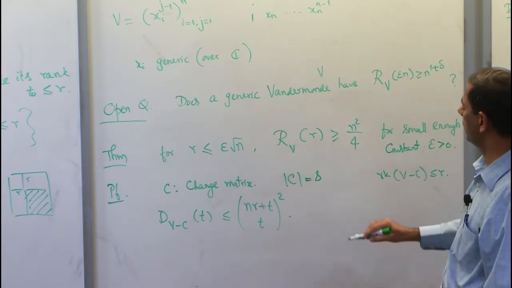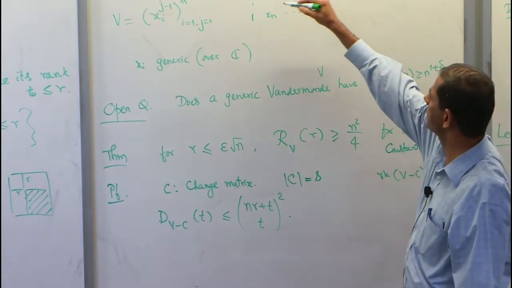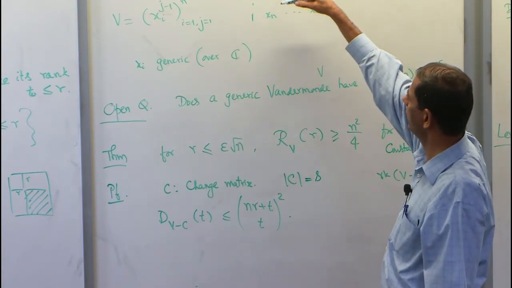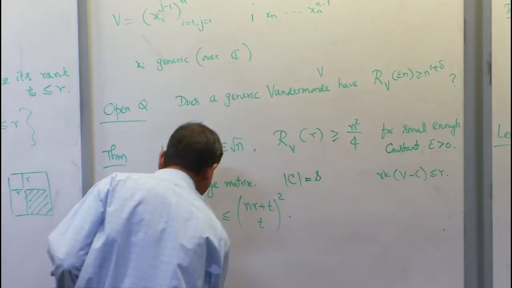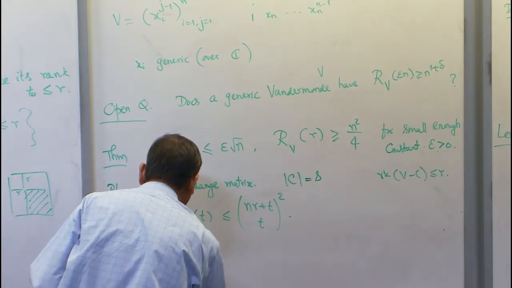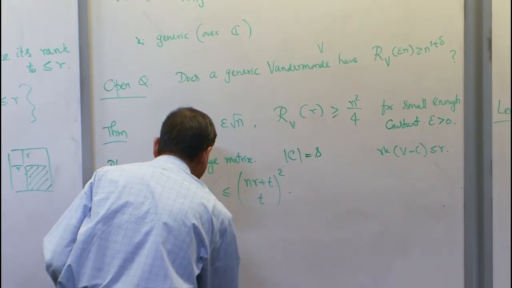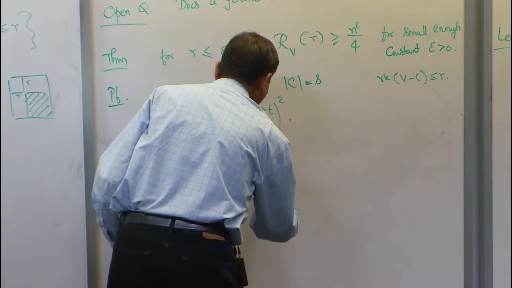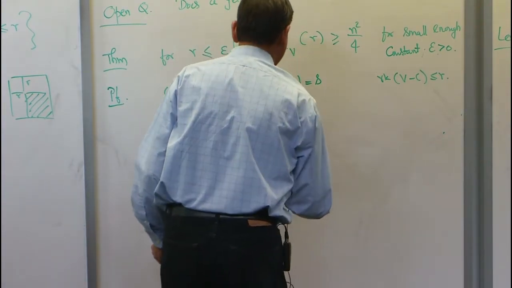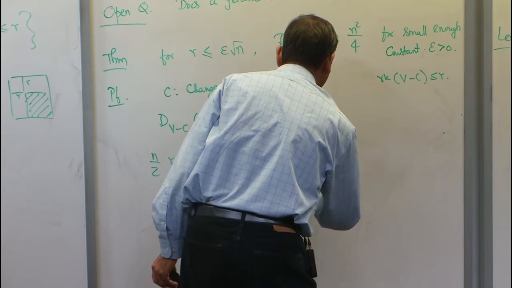There are S changes that I made into this matrix, and therefore by a simple averaging argument, n over 2 rows have at most 2S over n changes.